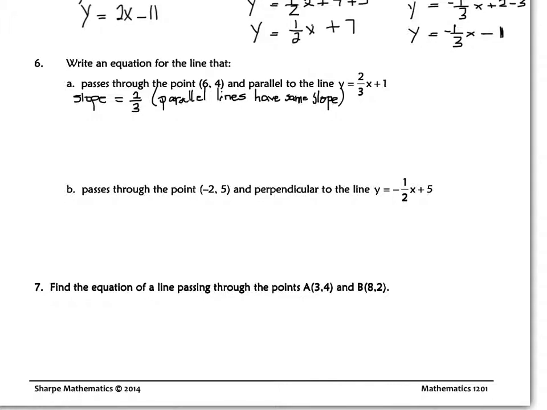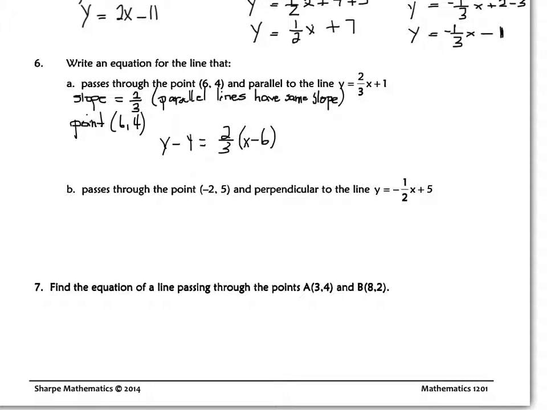And the point is given as 6, 4, so that would be y minus 4 equals slope, which would have to be 2/3, x minus 6.